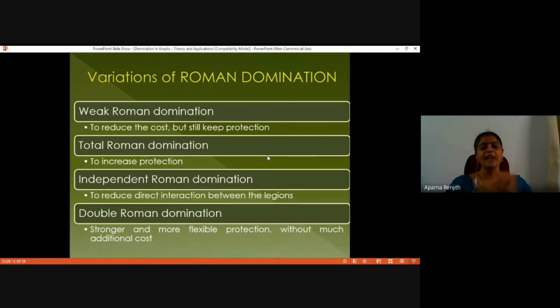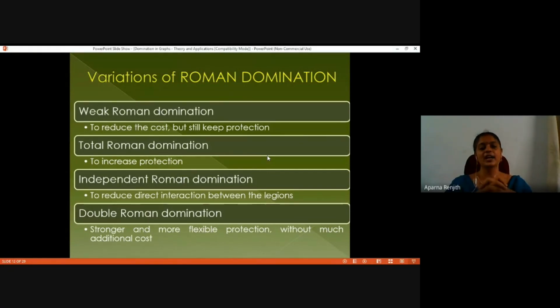That is, every vertex which is assigned value 0 is adjacent either to a vertex which is assigned 1 or to a vertex which is assigned 2. And if we reassign the values by giving 1 to this f of v and subtracting 1 from its neighbor, and the resultant function is still dominating, then that is enough.